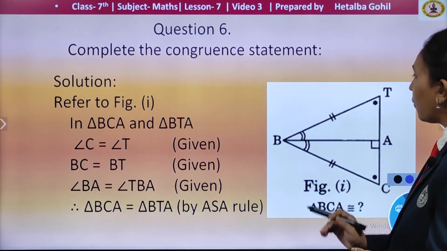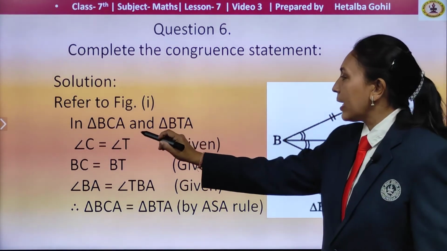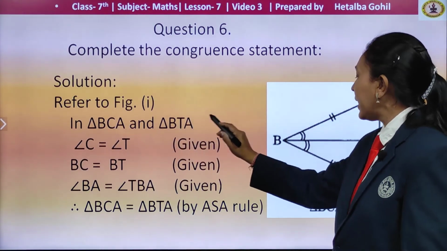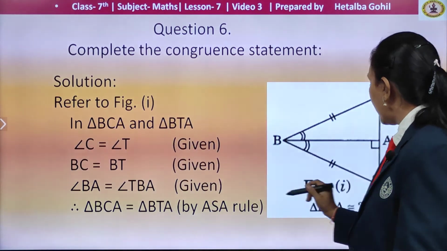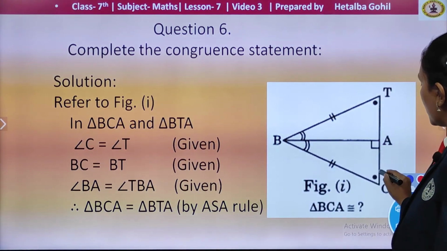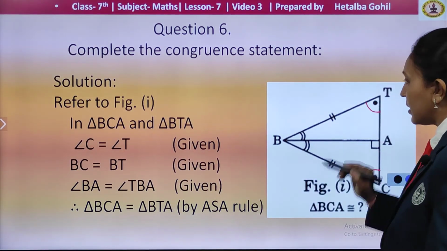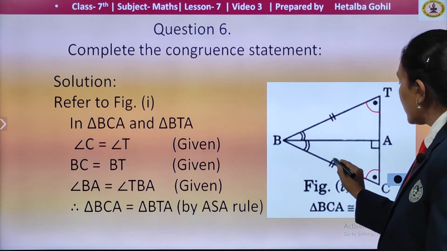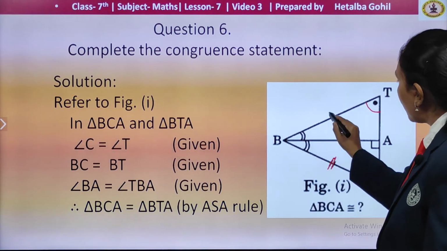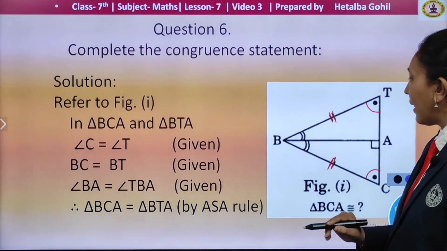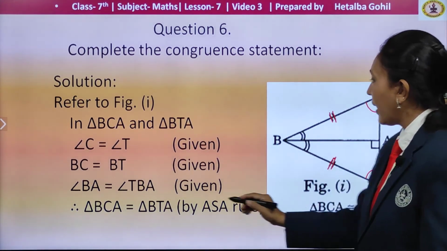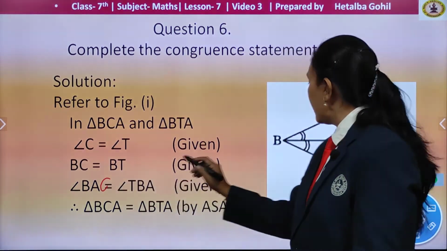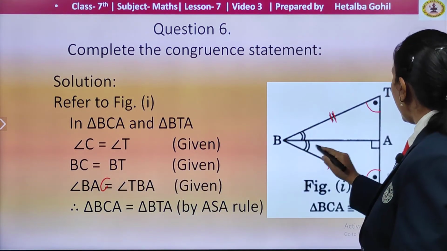So, let us first go with the first figure. In triangle BCA and triangle BTA, you can see angle C is equal to angle T. You can see the dots are equal. So, this angle is equal to this. Then, given to us in the question, BC equal to BT. And third, angle BAC is equal to angle TBA.